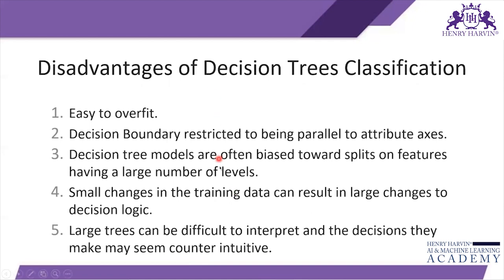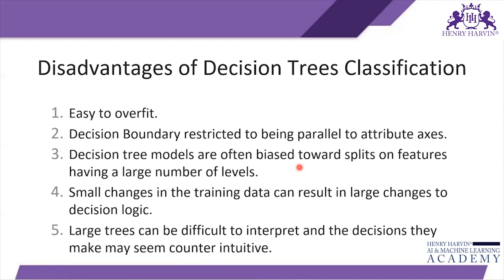And the disadvantages of decision tree classification: it is easy to overfit. It easily overfits on our training data set. The decision boundary is restricted to being parallel to the attribute axis. Decision tree models are often biased towards splits on features having a large number of levels.